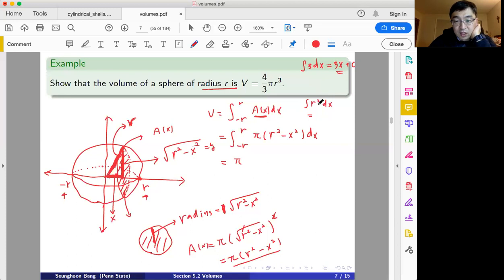So this one, r squared is like a constant because x is a variable, exactly r squared x. So we have r squared times x minus what is integral x squared? What's integral x squared? Do you know integral x squared? What's that?